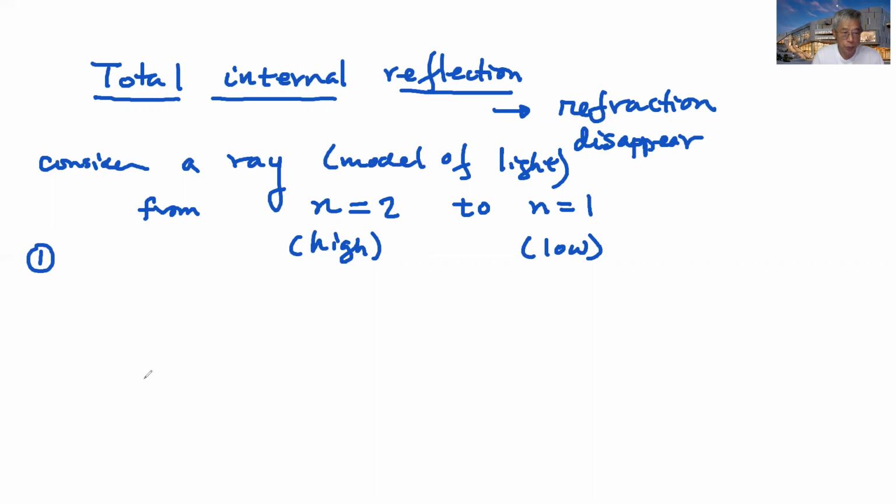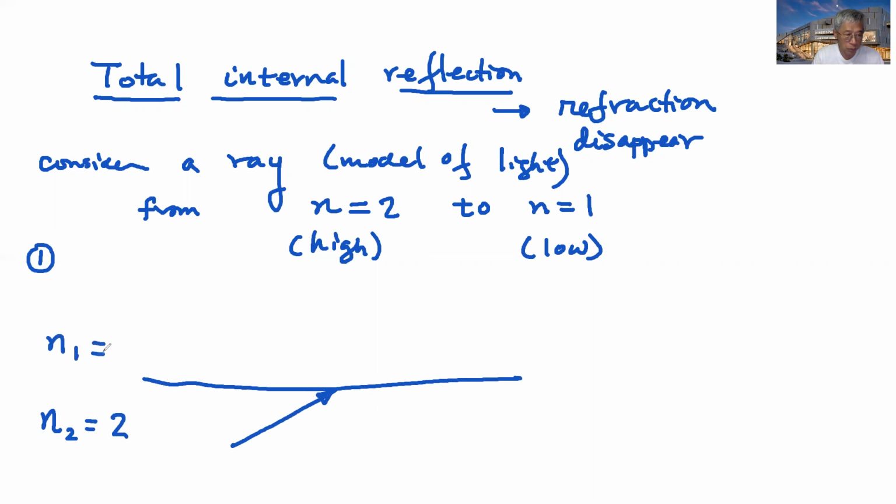Let's say if we draw this now, we're entering n2 equal to 2, going from n1 equal to 1, for example. This is our normal line, and this is the surface between two different media.